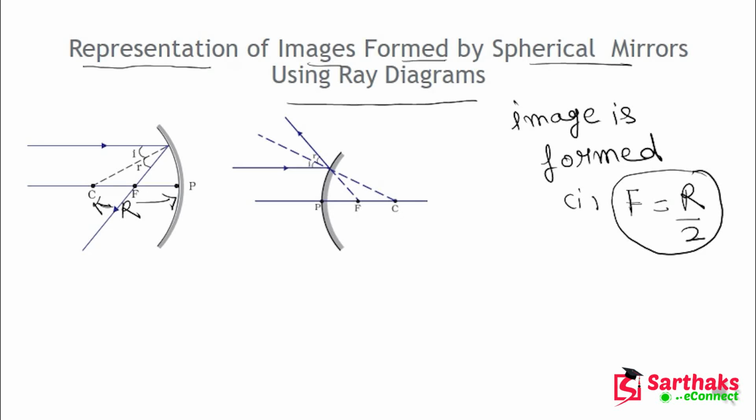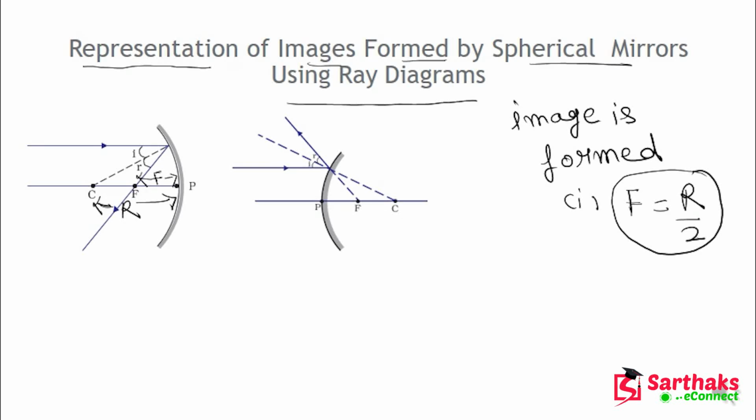This radius is just double our focal length, the distance between this point F and P. You can also write it inversely: the focal length is half of the radius. Both statements are correct.